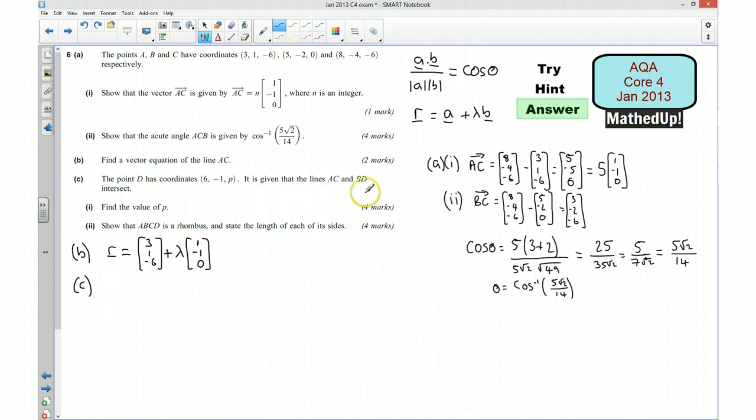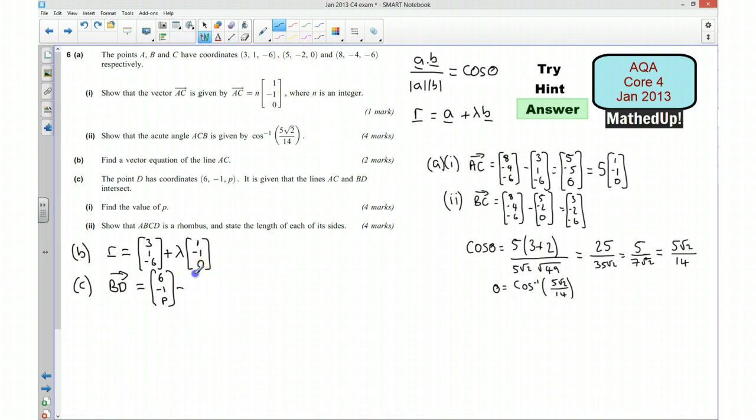Okay, so I first of all need to find the direction in which BD is going. So BD is going to be the position vector of D, which is this one here, so 6, negative 1, p, take away the position vector of B, which is this up here.